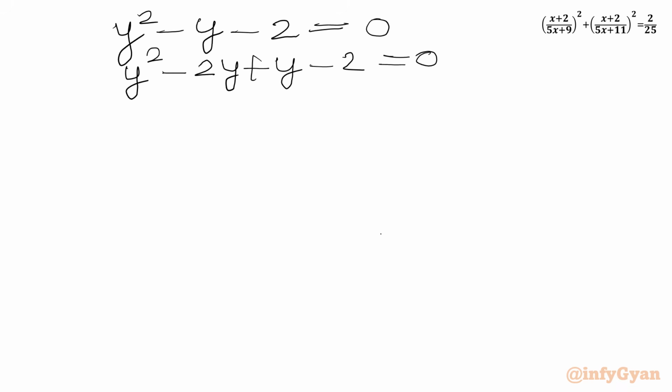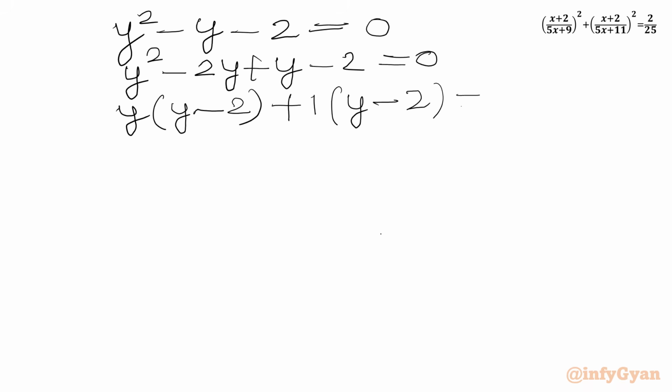Now from the first two terms we can take y common, so y is common in the bracket. We need to write y minus 2. From the next two terms we will take 1 common and we'll write y minus 2. RHS is 0, so our factorization will be y plus 1 times y minus 2 equal to 0.